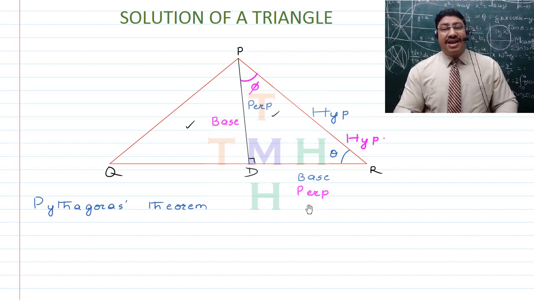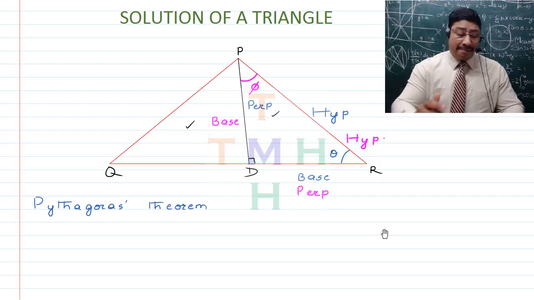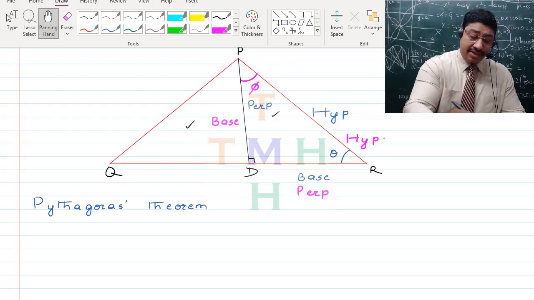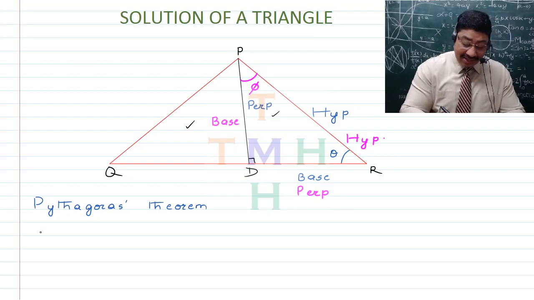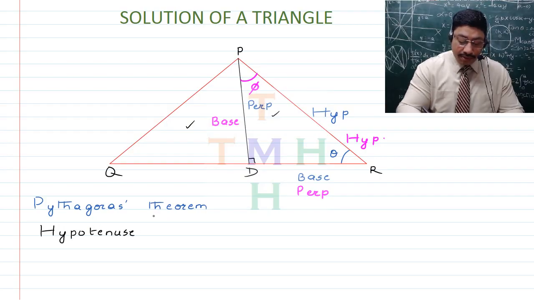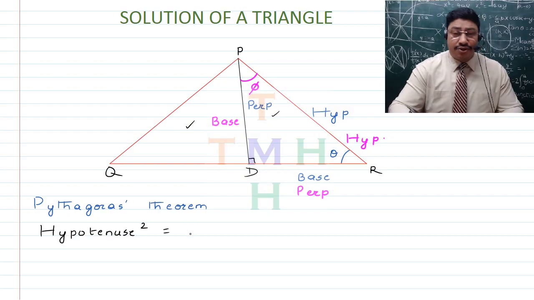Okay, now that you are clear about what is going to be the perpendicular and what is going to be the base, now we will come over to applying the Pythagoras theorem. And that, children, tells you, like I told you, the largest side, that is the hypotenuse squared, is equal to the sum of the squares of the other two sides.